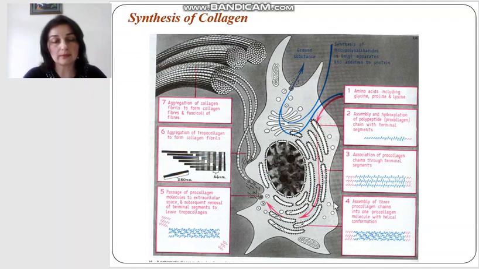We have to add here that these propeptides, which are present at both ends of the procollagen molecules, form soluble molecules.